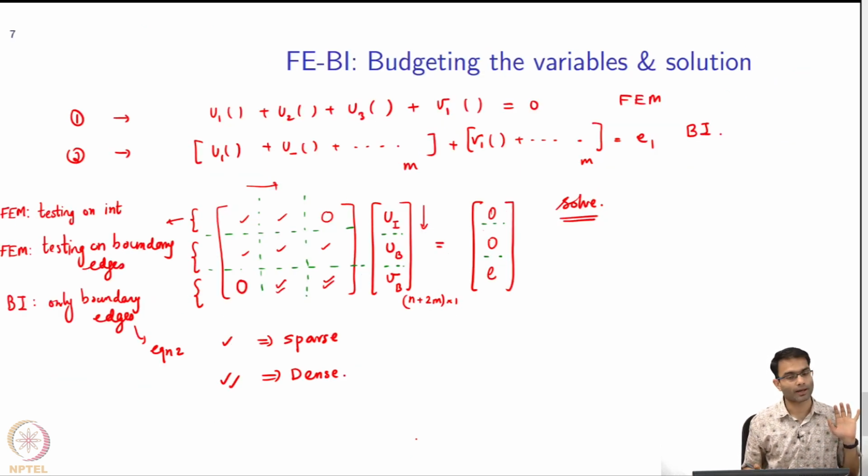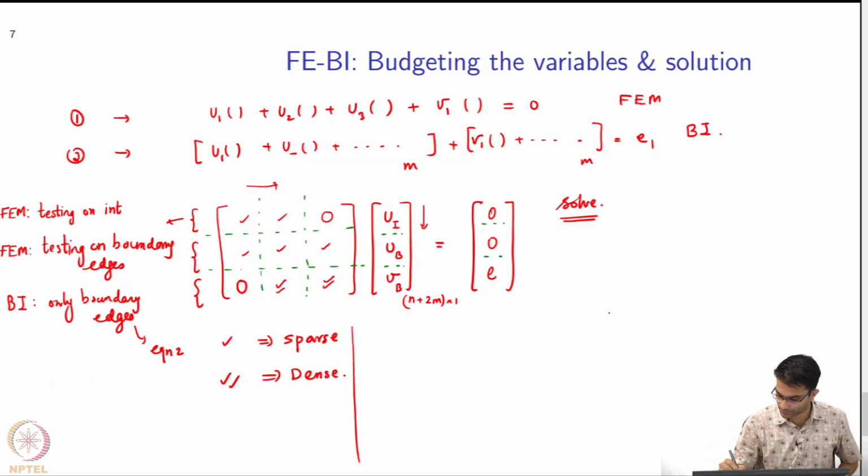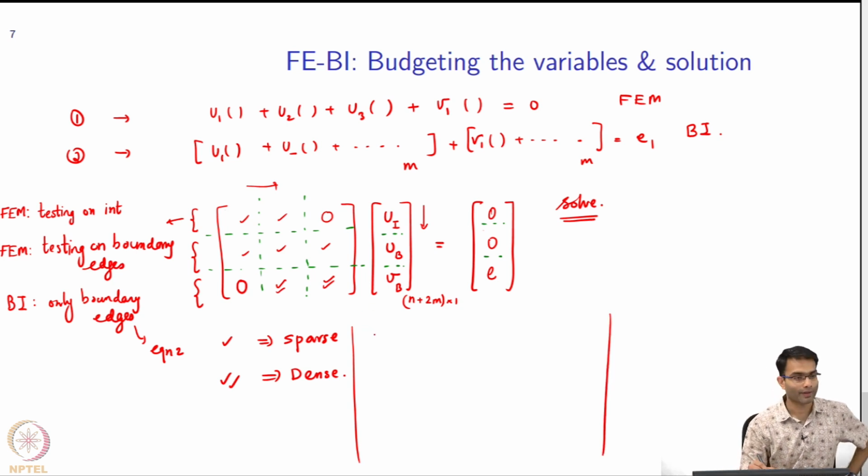So let us just summarize in terms of advantages and disadvantages. I replaced ABC by an exact boundary condition, so it is exact, which is a great plus point. Do I need to discretize air now?